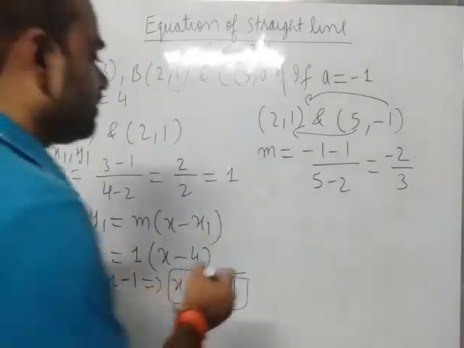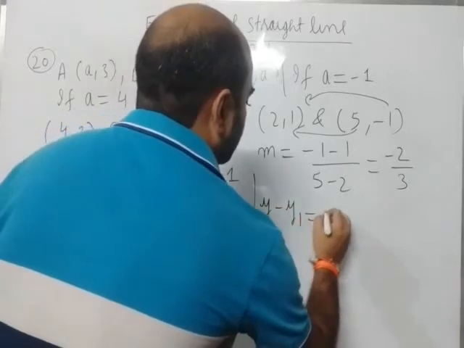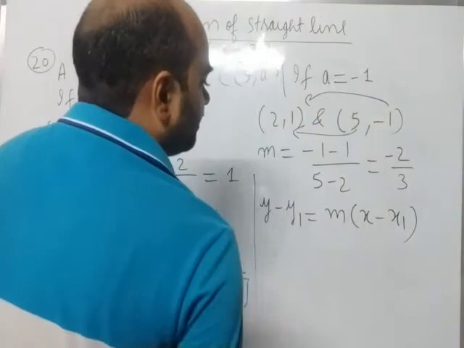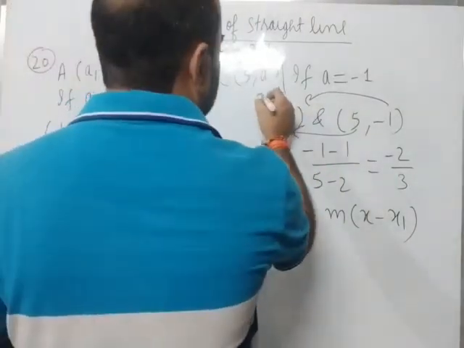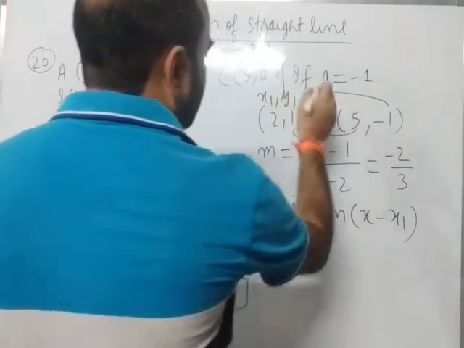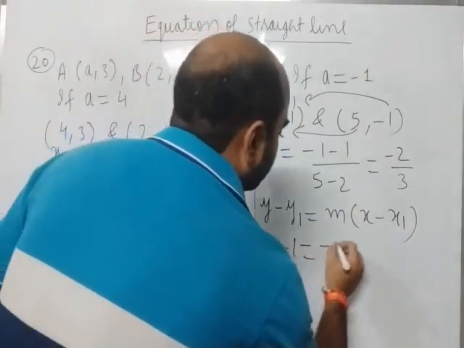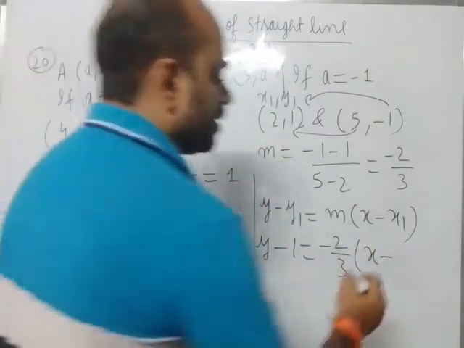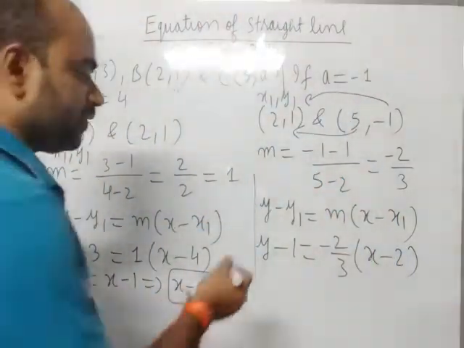Again, I am using this form: y minus y1 is equal to m(x minus x1). Any point you will take as x1, y1. Suppose I am taking this as x1, y1. Then y minus y1 means y minus 1, m is minus 2 by 3, x minus x1 means x minus 2. Correct? Then finally what will come?